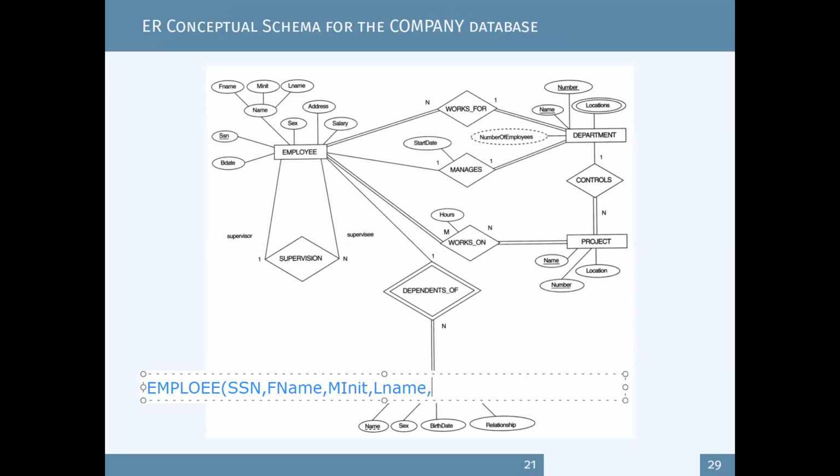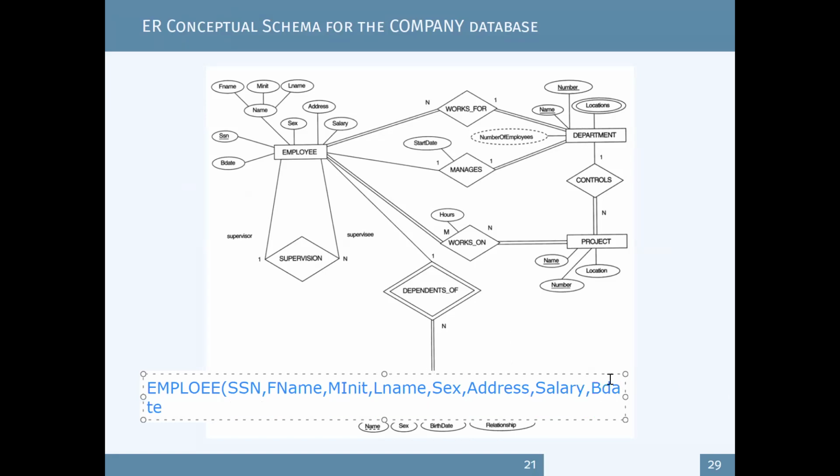All the simple attributes we are going to include. Then we have gender, address, salary, and birthday. Right, that's the first step. This is not the end, but we'll put it like this. So we take the regular type, we include all the simple attributes.